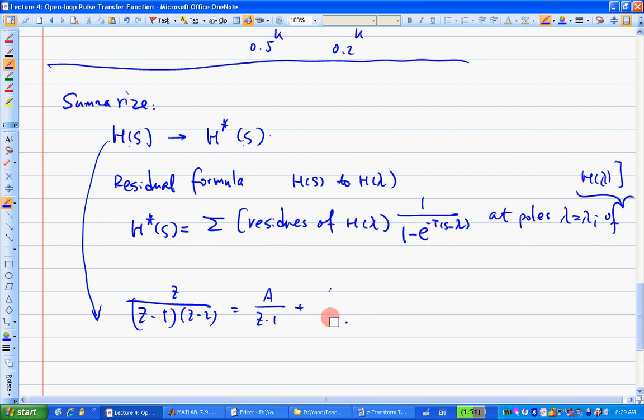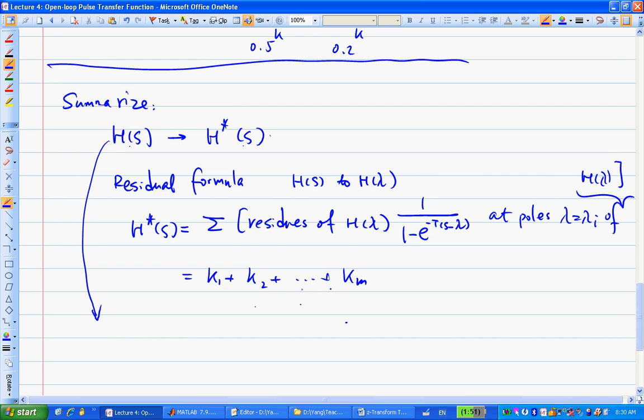Back to this formula. What we're trying to find are the residues of this block at lambda equal to these poles. Suppose you have m poles; you will have m residuals, if they're all distinct.